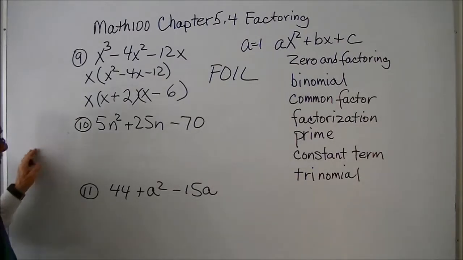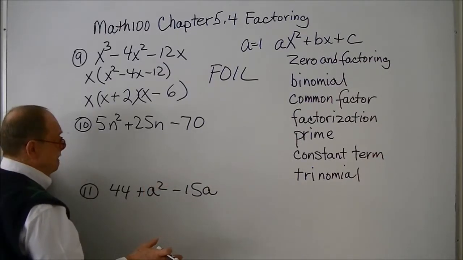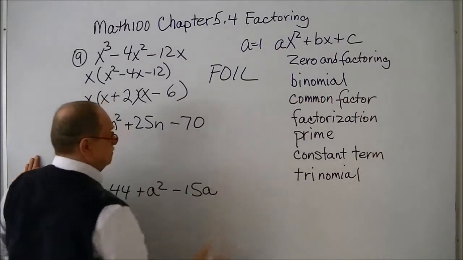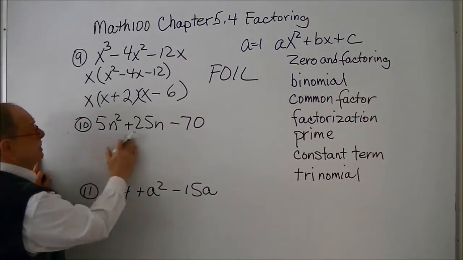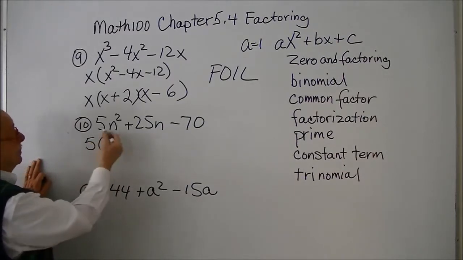As we look at example 10, it's in standard form. Is there a common factor? And the answer is yes, there's a 5 here. So I factor out the 5.